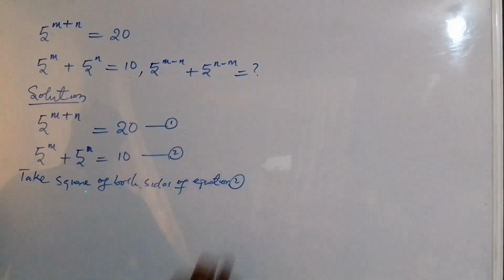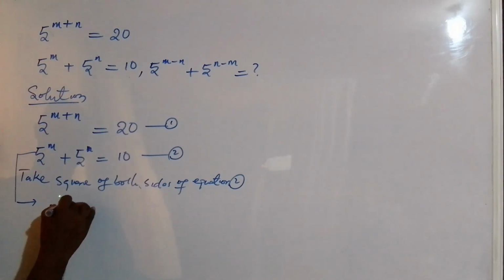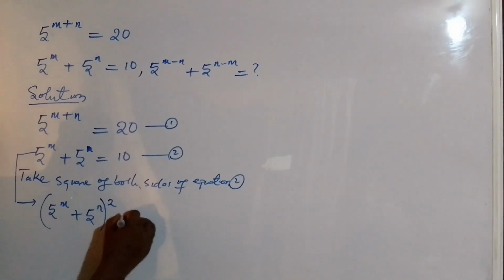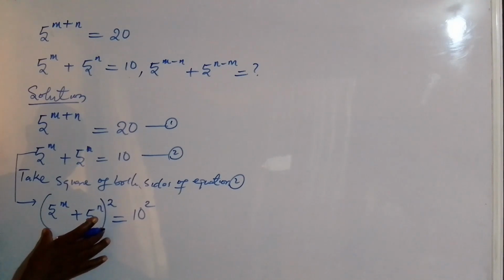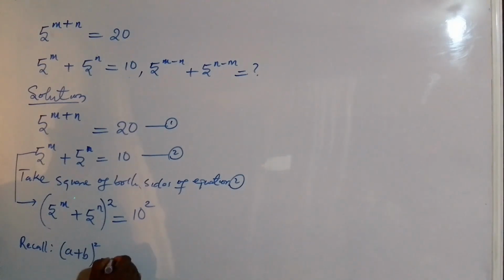Once I do that, equation 2 becomes 5 to the power of m plus 5 to the power of n, all squared, equal to 10 squared. The next thing is to find the square of the left hand side, and to do that, let's recall this algebraic identity: if we have a plus b squared, then this will give us a squared plus 2ab plus b squared.